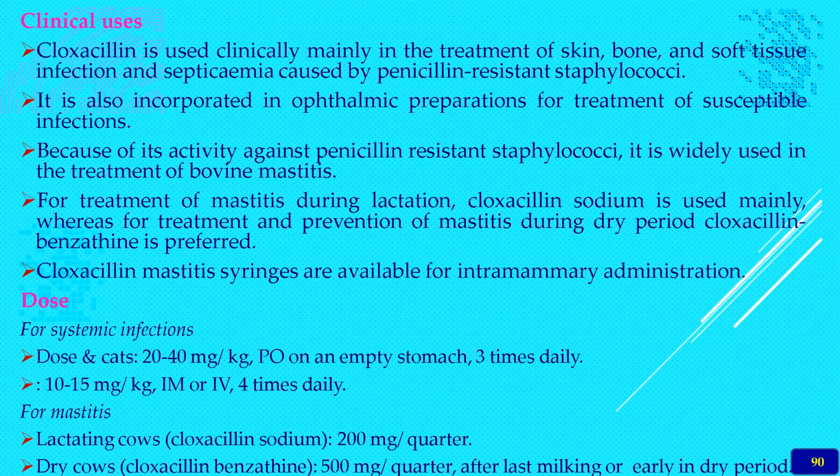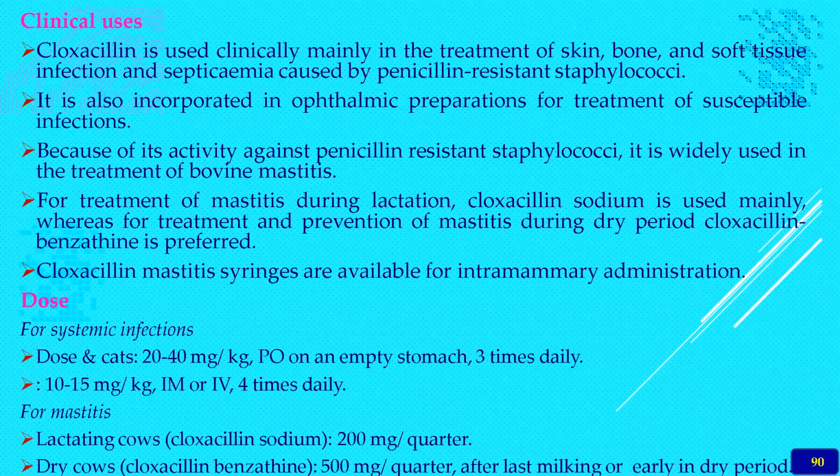Cloxacillin sodium is used mainly as a mastitis drug, and especially during the dry period, cloxacillin is much preferred because of dry cow therapy; after 7 months of pregnancy, the cow is made dry. At that time you need to infuse these intramammary tubes, which are designed for administration during summer mastitis or the dry period only, and they are not therapeutic agents.